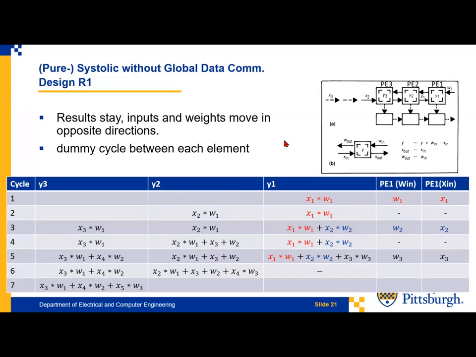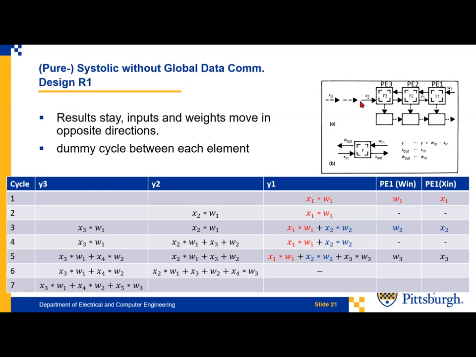Also here on the slide, we show the pure systolic operation without global data communication, the design R1 type. The R1 means the result accumulates on each processing element, and input and weight move in opposite directions.